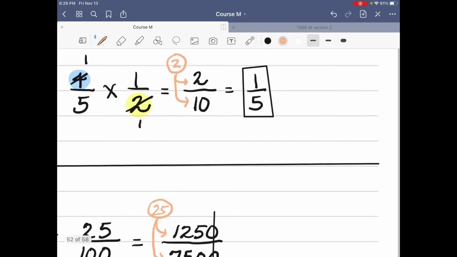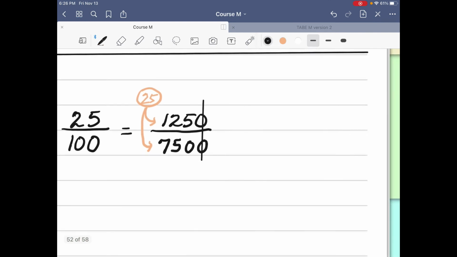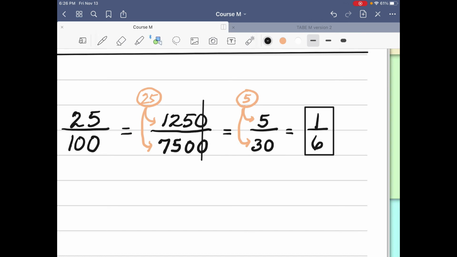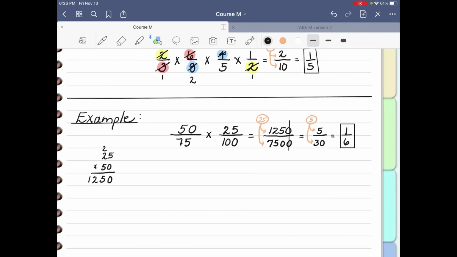So 25 into 125 is 5. 25 into 750 is going to be 3 and a 0. And that will simplify even further down to 1 over 6. I get the answer that way. It's just a lot of work.